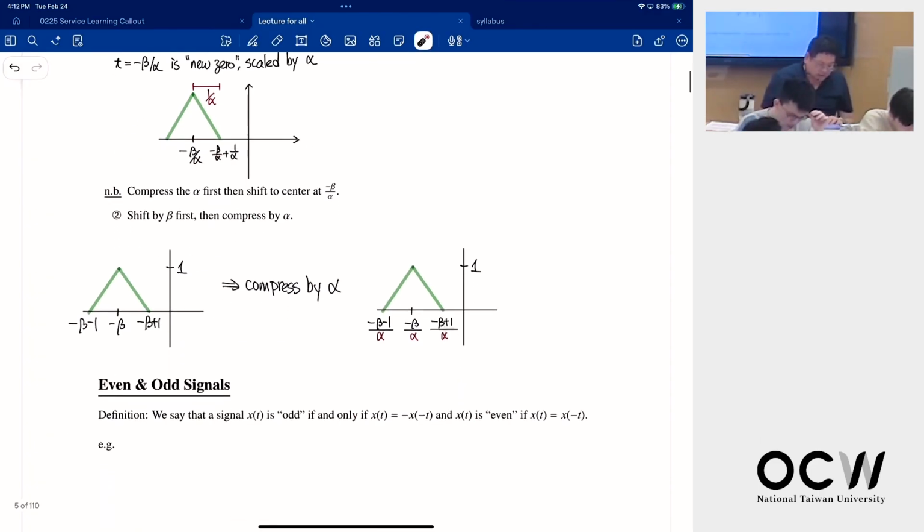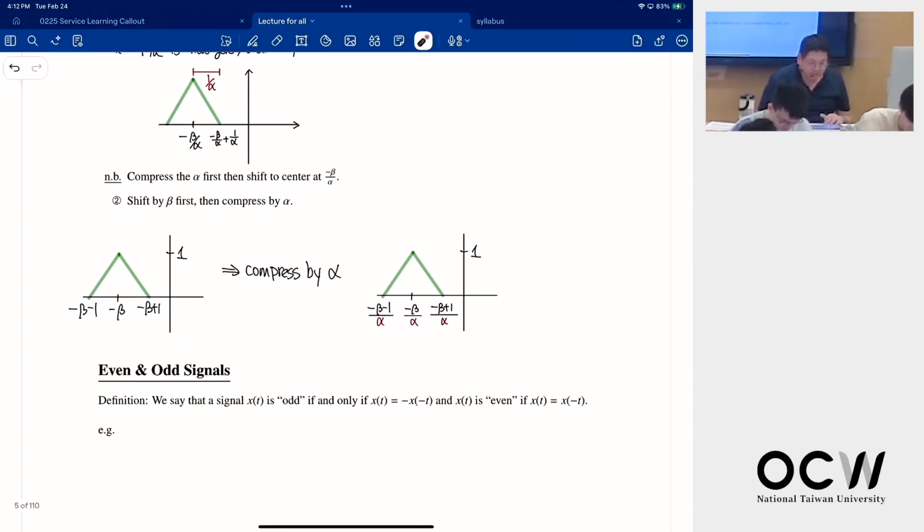Now next, let's talk about the signals. For even signals or odd signals, how do you know that it is even or odd? So here we need to define what is an even signal, what is an odd signal.